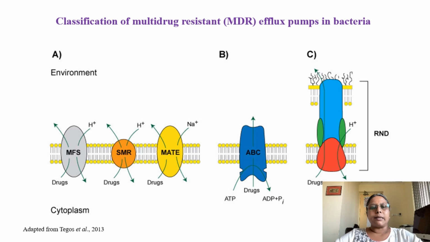Basically they are classified into the MFS, SMR or the MATE family, and these mostly function as drug proton or cation antiporters, whereas the ABC transporters that we discussed earlier are also capable of effluxing the drugs and they use the energy from ATP. Apart from that, you have the RND efflux pumps, which are the tripartite pumps that we discussed in the previous slides, and these are capable of effluxing the drugs directly into the outside environment, utilizing the proton motive gradients across the periplasmic space.